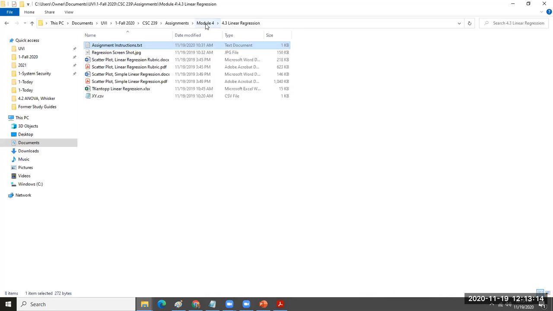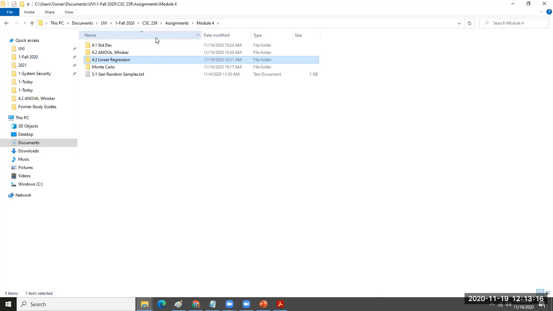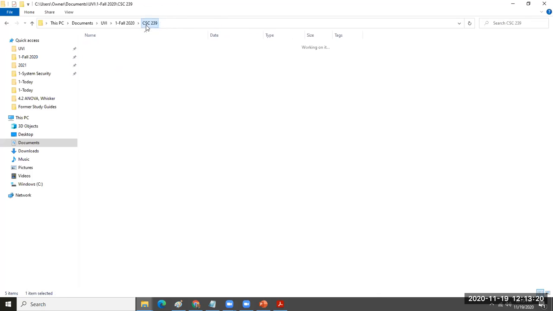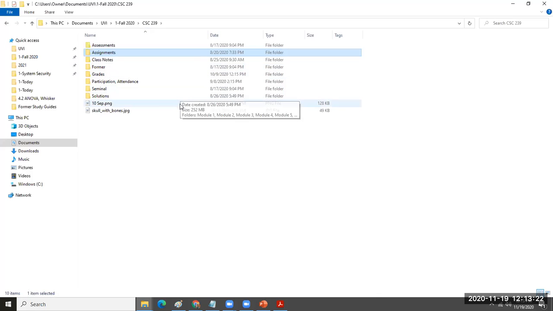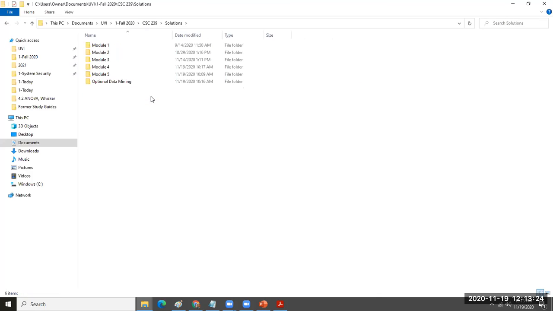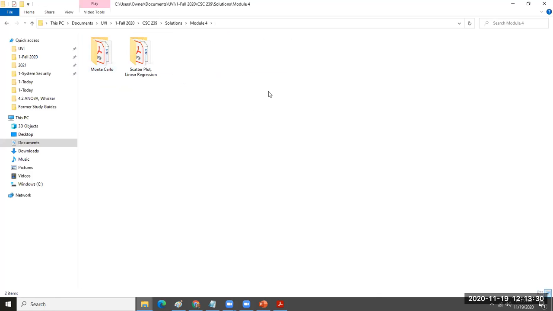For the solution in Module 4, I'm considering making it optional, where you have a choice. You can do a Monte Carlo simulation, right?